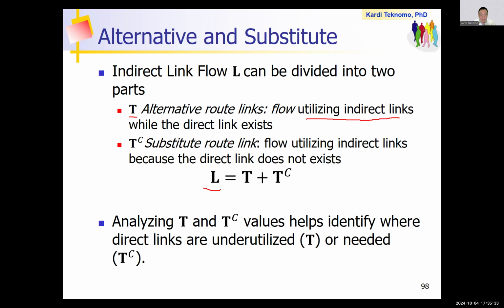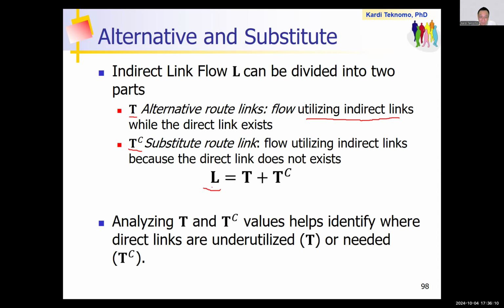We say this is an alternative because there is a direct link, but the user still uses an indirect link. While D^C, where the symbol C represents the complement, means that if they are in T, they will not be in D^C. Let's call this the substitute route link flow. Again, it utilizes indirect links, because the direct link does not exist.